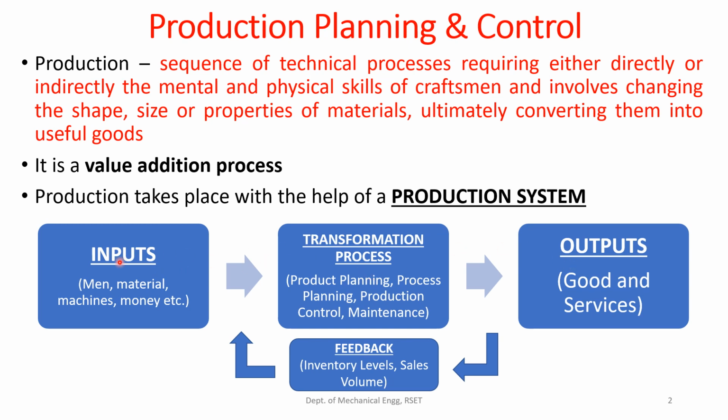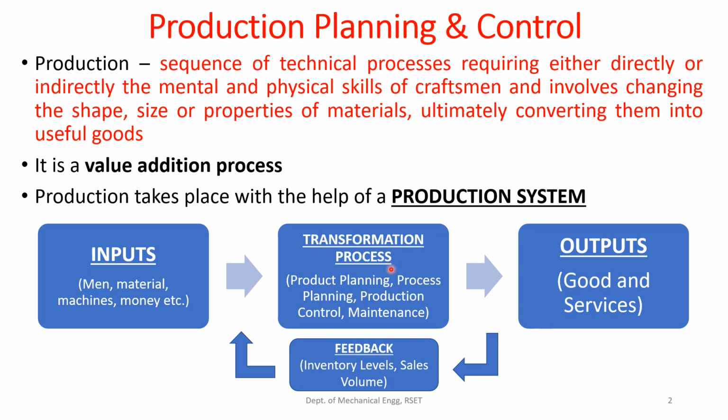Now the inputs are either men, material, machines, money, information, etc. So whatever goes into the transformation process constitutes the input, and these inputs are transformed. Their characteristics are changed. It may be either the shape, the size, or the properties of these inputs. So these inputs are transformed through a transformation process into the essential goods or services.